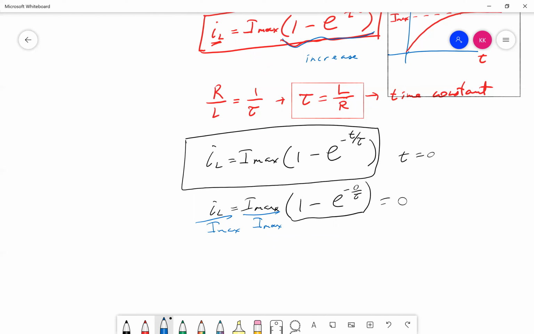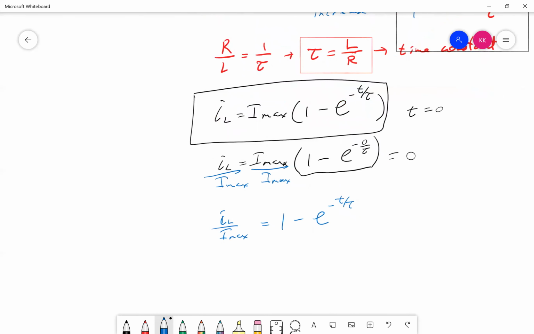So IL over Imax equals 1 minus e to the negative t over tau. If I rearrange, e to the negative t over tau equals 1 minus IL over Imax.